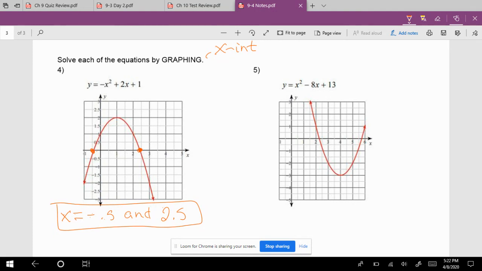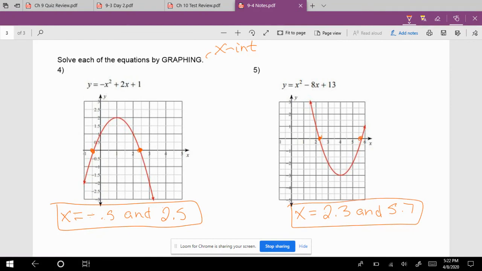On 5, it looks like we're going to have to do a little bit more estimating. My x-intercepts would be here and here. I would estimate that it's between 2 and 2.5, so I'd say x would be about 2.3. And between 5.5 and 6, so maybe 5.7.